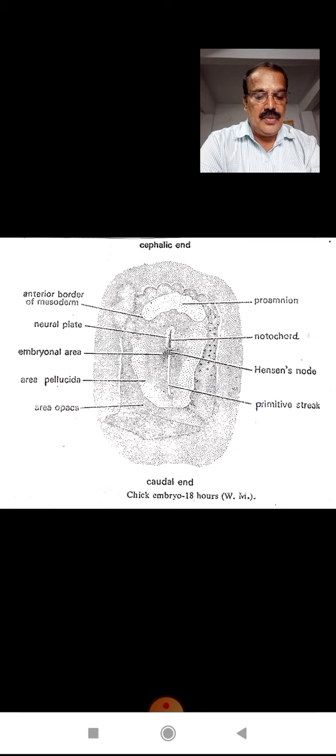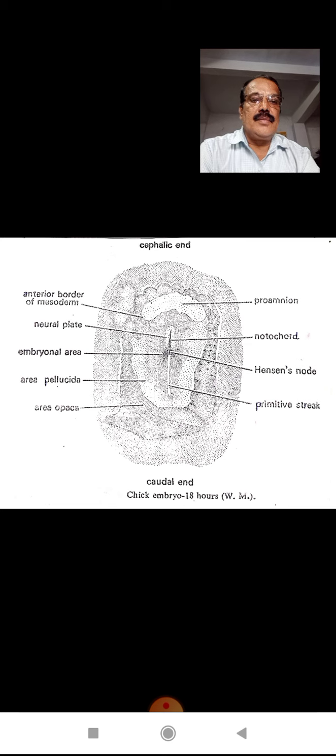Anterior to the primitive pit, there is a thickening of cells called Hensen's node. So, Hensen's node is a thickening, particularly anterior to the primitive pit. Anterior to Hensen's node is the head process with a centrally located notochord.